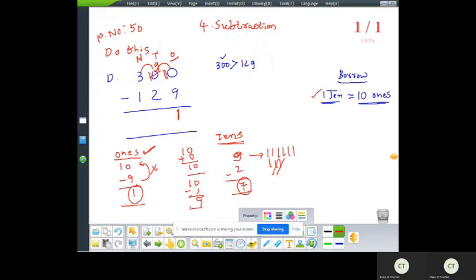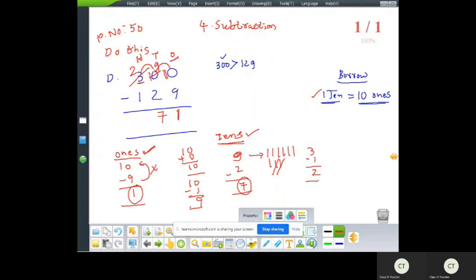This 7 goes right under 10. And here from 3, we taken 1 as borrow. Now 3 minus 1 is 2.